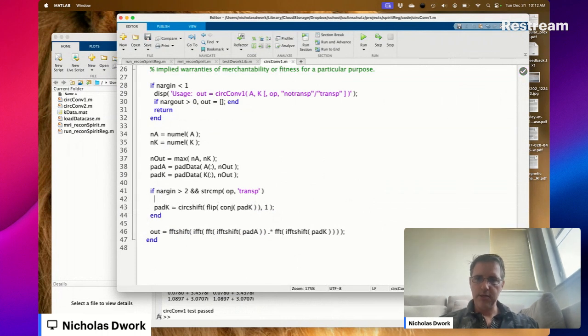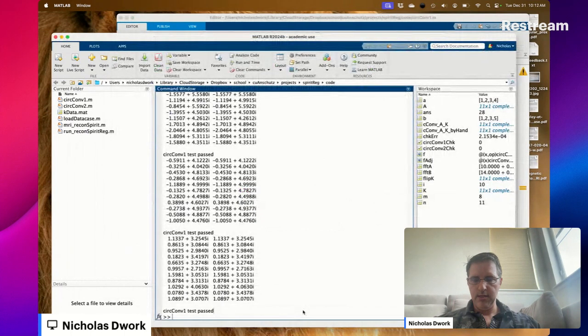I'm doing the circ shift all the time. Is there an is even?